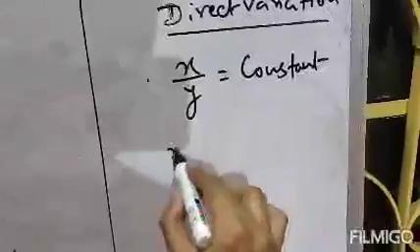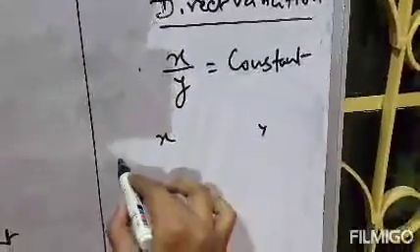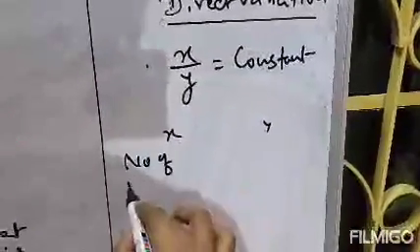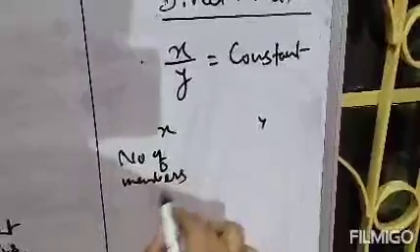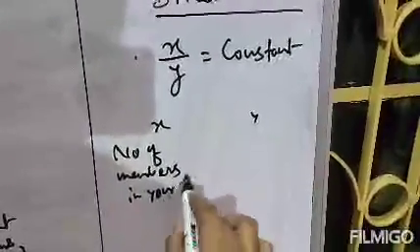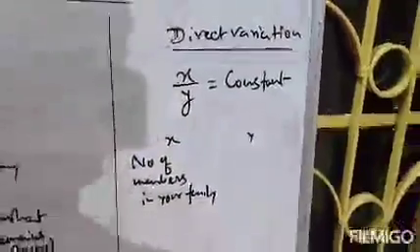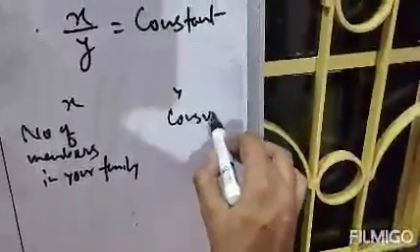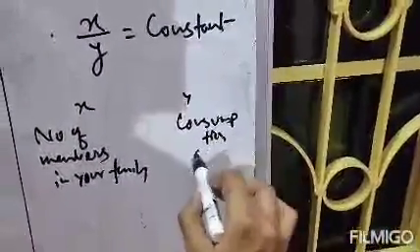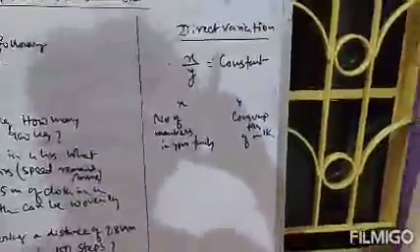Clear? Suppose the quantity x is the number of members in your family, and y is the consumption of milk. Now think very carefully: if the number of members in your family increases, that means if x increases, then consumption of milk will also increase.